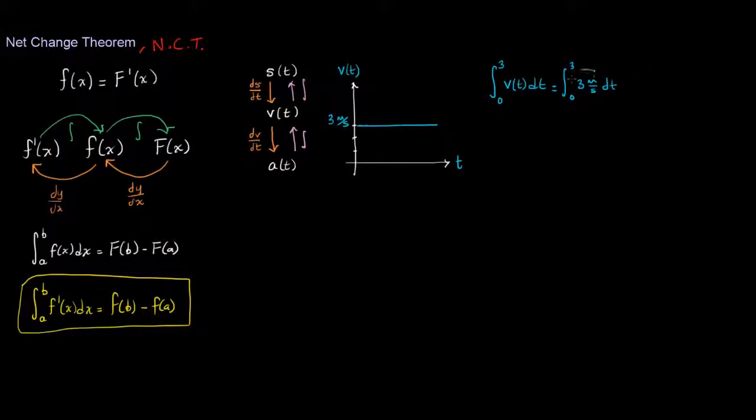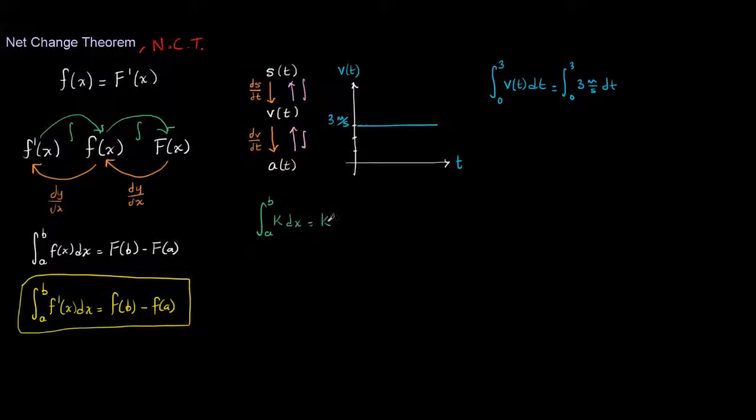Now, these 3 meters per second may look kind of weird, but it's actually something very similar to this. If we have a function that we want to integrate over an interval from b to a, and this function is just a constant k, differential of x, the integral for this function will look like this.